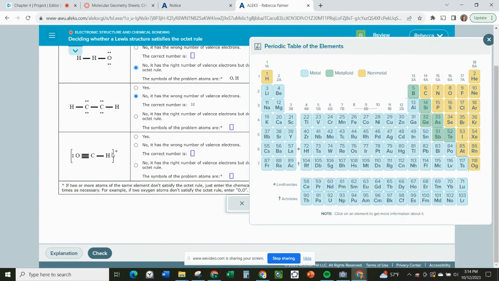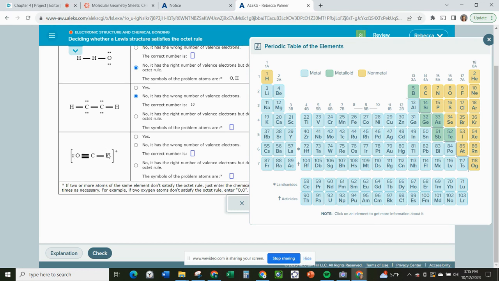But remember, if it has this plus charge on the outside, that plus charge gets rid of 1 electron. So that means we're losing a negative charge. We're losing 1 electron. So we had 11 minus 1, that's 10. So let's see if we have 10. 2, 4, 6, 8, 10. Okay, yes, we have 10 valence electrons shown in our diagram, and that's what we need.